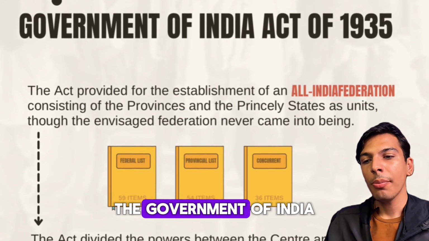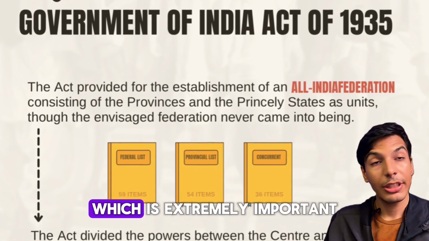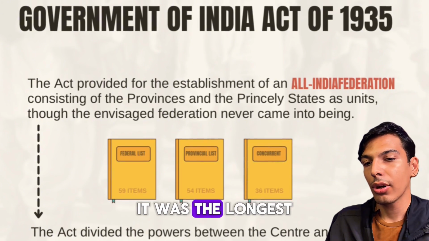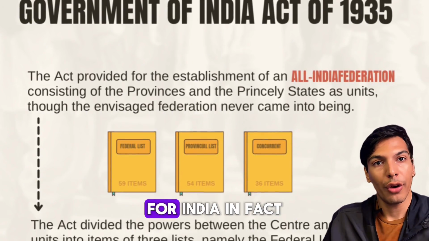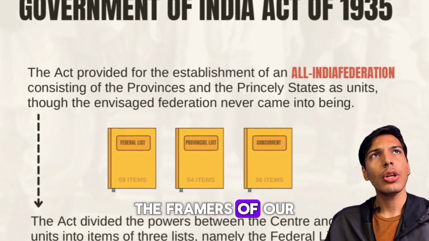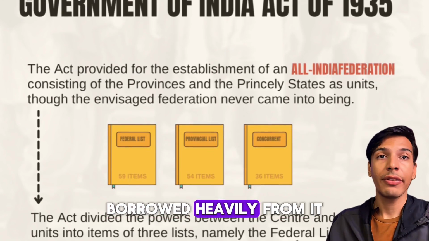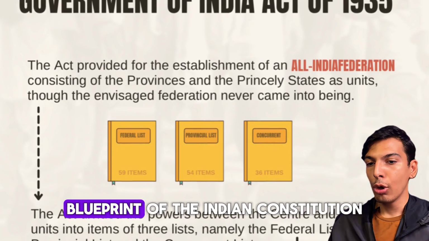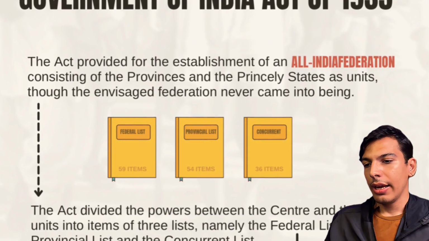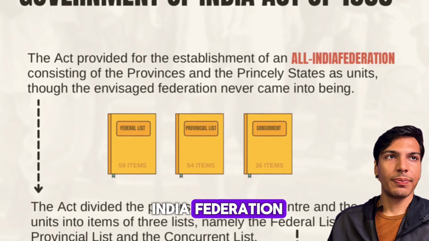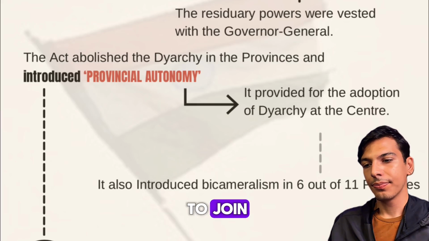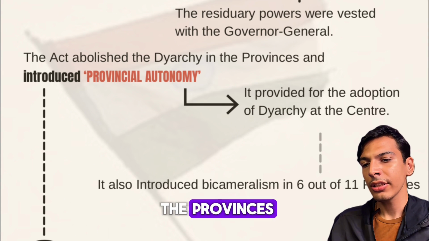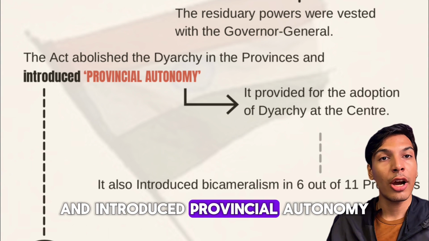Now this one, the Government of India Act 1935, is extremely important. It was the longest and most detailed piece of legislation ever passed by the British for India. In fact, the framers of our very own constitution borrowed heavily from it. It is also known as the blueprint of the Indian Constitution. It proposed an All India Federation, which never came into force because princely states refused to join. It abolished Dyarchy in the provinces and introduced provincial autonomy.